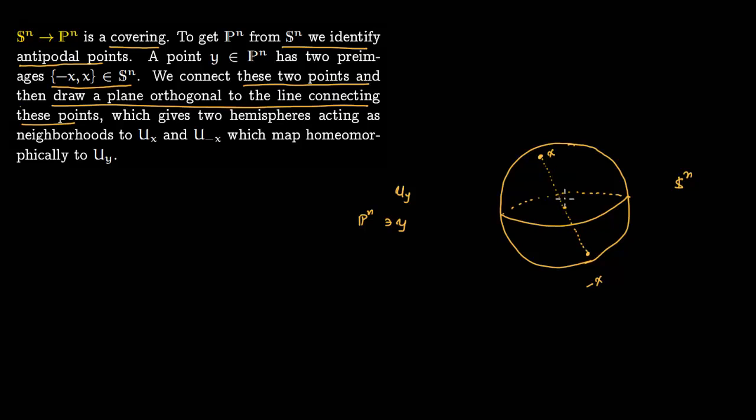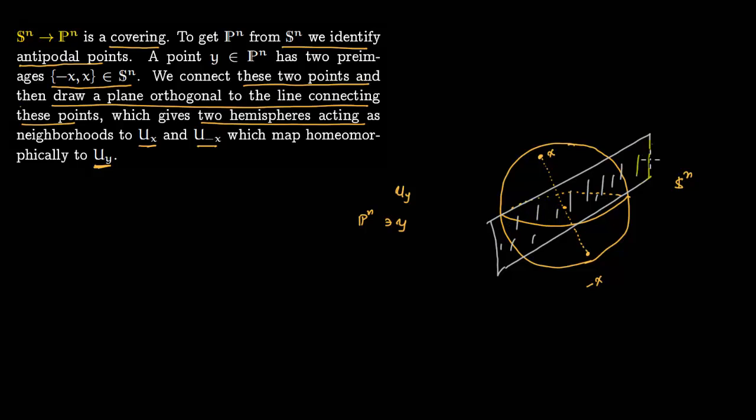This plane is going to cut the sphere into 2 parts, upper part and lower part. So this gives us 2 hemispheres which act as neighborhoods u of x and u of minus x, which will map homeomorphically to u of y, because the identification map to u of y gives us the projective space.